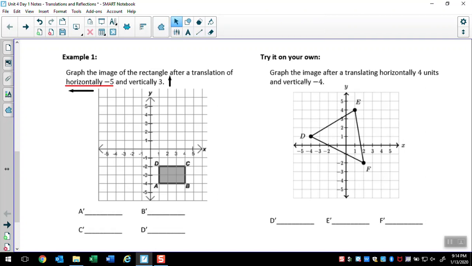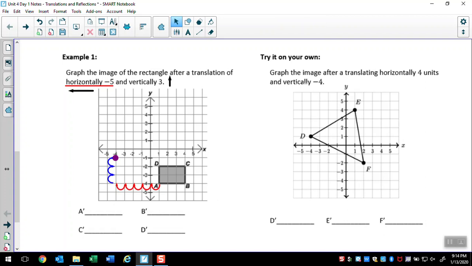Okay? So when I do that, I'm going to start with one of my points. I'm going to do point A. And I'm going to take point A and shift it left 5 times. 1, 2, 3, 4, 5. But I'm not done. Now I need to go up 3. 1, 2, 3. Now I can put my point. And then I'm going to do that with the rest of my points.